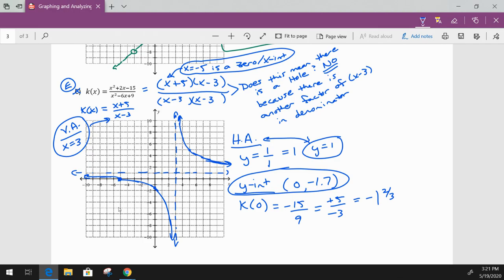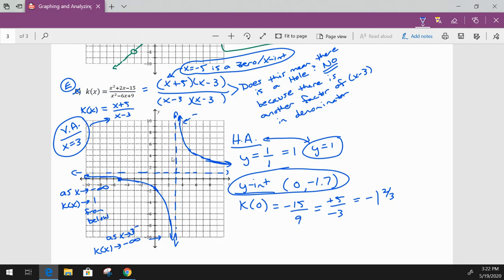All right, so let's talk about our end behaviors. As x is approaching negative infinity, your function or y value is approaching positive 1 from below. On this end, as x approaches positive 3 from the left, your k of x is approaching negative infinity.